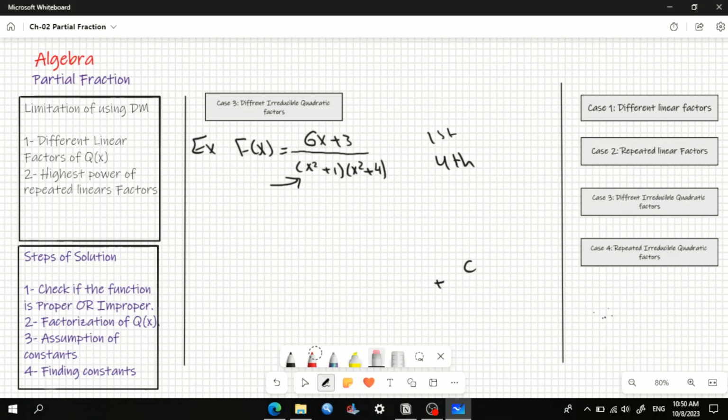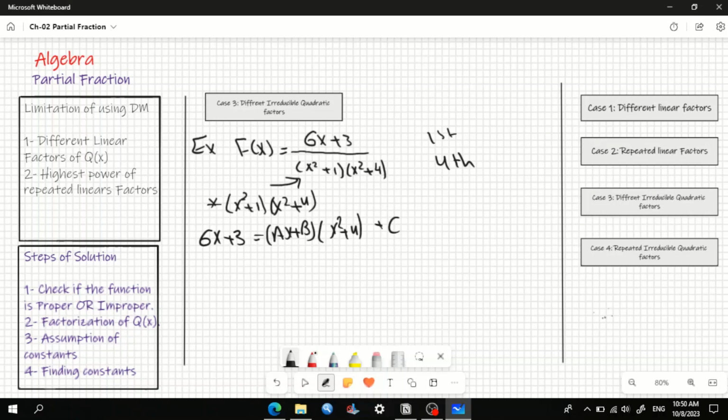The first step, as we said in the comparison method, is to multiply by the common denominator, x squared plus 1 times x squared plus 4. So we have that plus 3 equal to ax plus b into x squared plus 4, plus cx plus d into x squared plus 1.